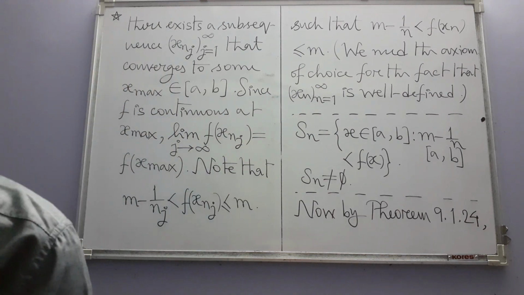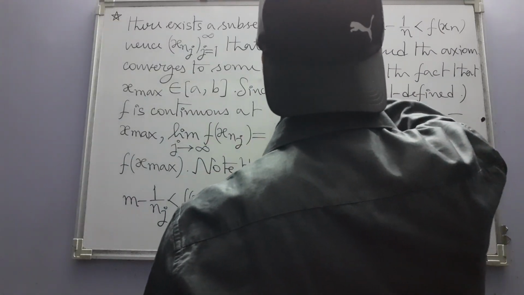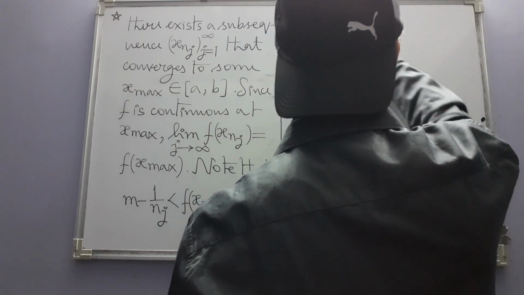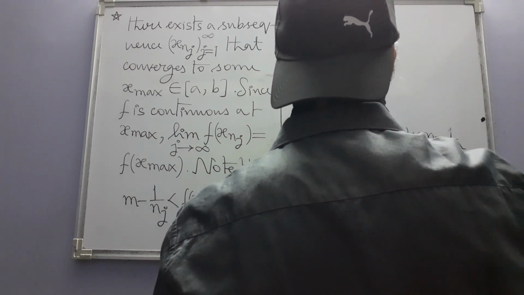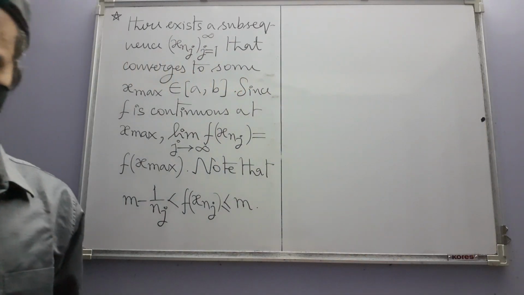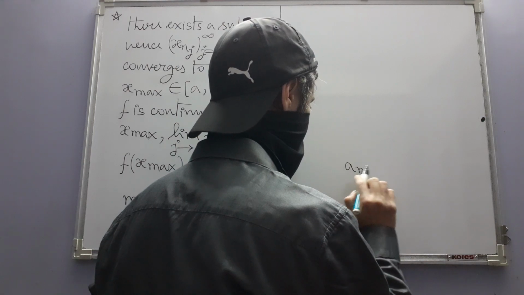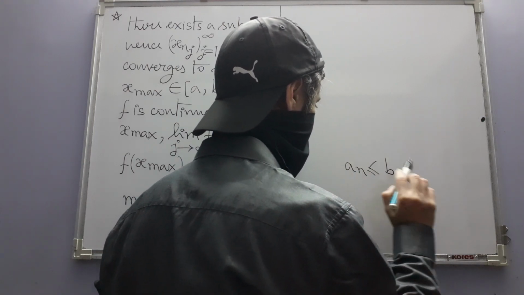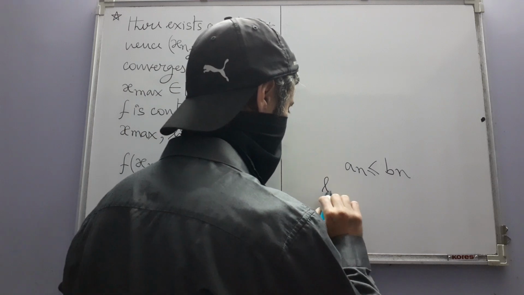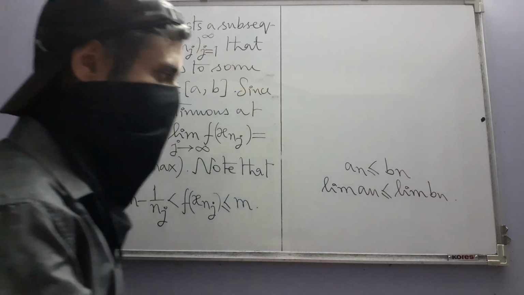So by the comparison principle, we saw a result in the chapter on sequences, I forgot whether section or chapter, where we called it the comparison principle, which says that if you have two convergent sequences an and bn which satisfy such inequalities between the terms, then the limits also satisfy similar inequalities.